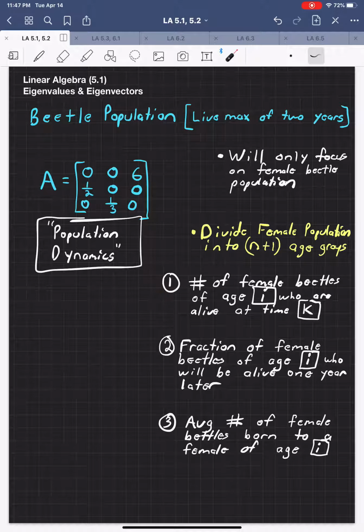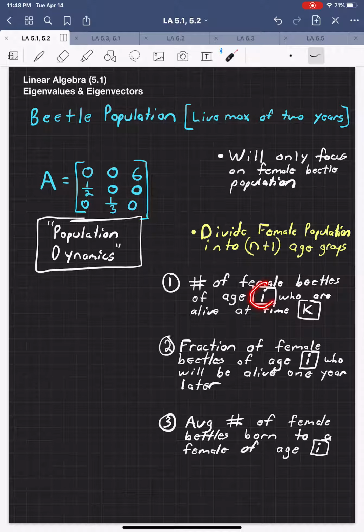Let's start with the first group. The first group is going to be the number of female beetles of age i who are alive at time k. All right, so let's just imagine that you were to grab 100 female beetles, and you pick some particular age.